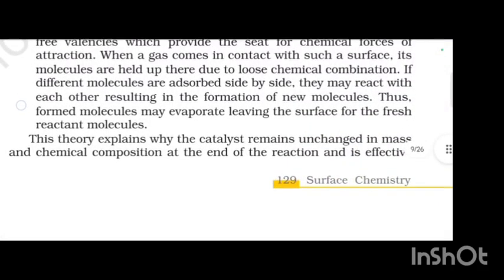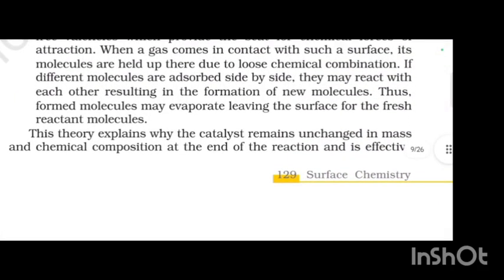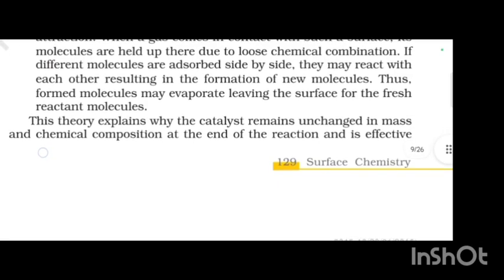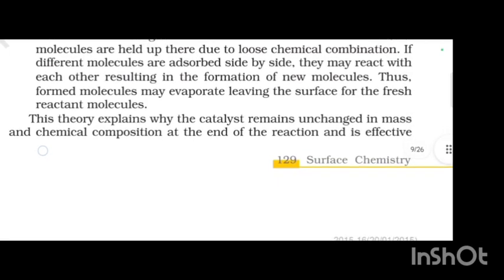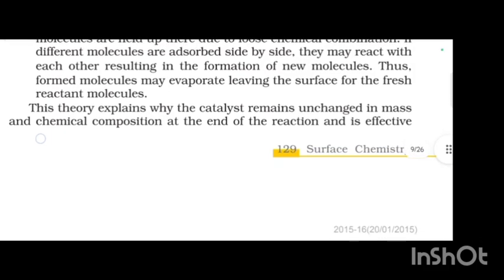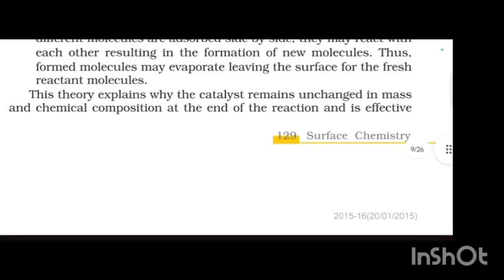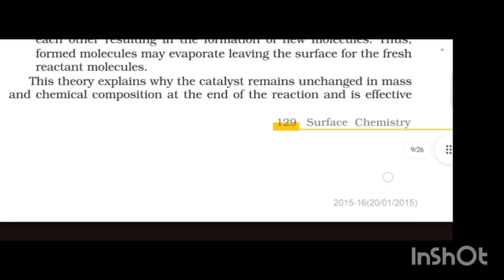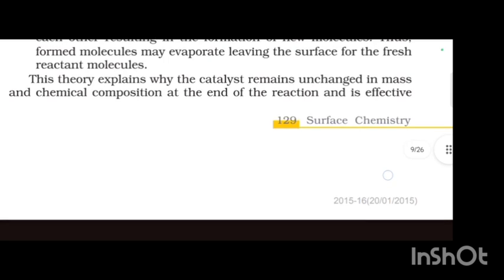When a gas comes in contact with such a surface, its molecules are held there due to loose chemical combination. If different molecules are adsorbed side by side, they may react with each other, resulting in the formation of new molecules. Thus formed molecules may evaporate, leaving the surface for the fresh reactant molecules.